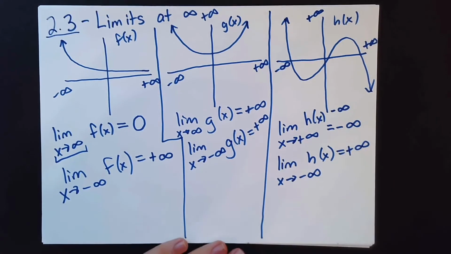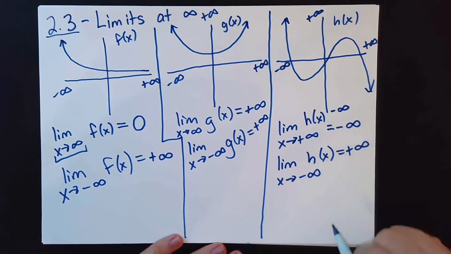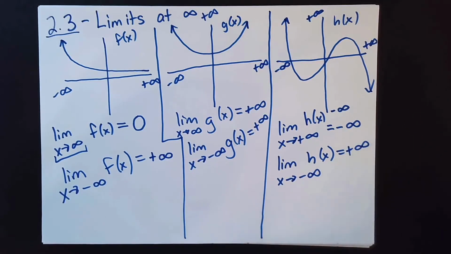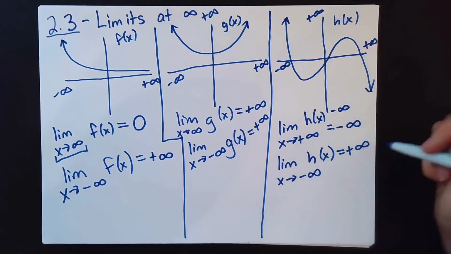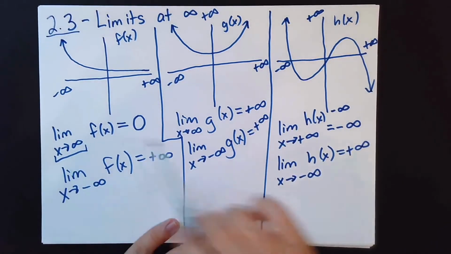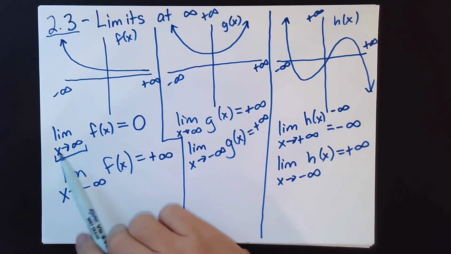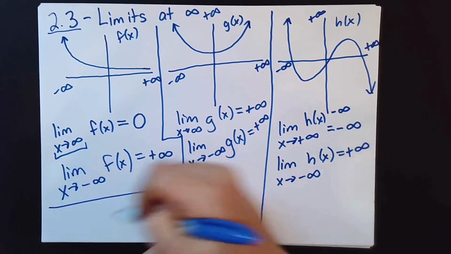I will note, whenever we're talking about these ideas, I tend to write plus infinity, but plus infinity and infinity are the same thing. I'm just putting the plus to emphasize that and distinguish it from minus. These limits, that is, what happens as the input goes to infinity and to minus infinity, often go by the name end behavior.